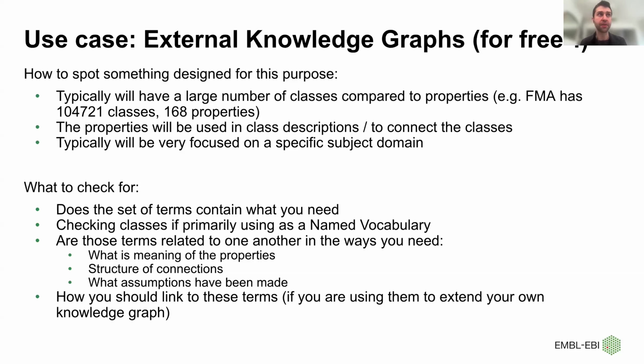As a note, a lot of the time, these statements often aren't shown on ontology browsing websites. You tend to see the class hierarchy and the property hierarchy, but to get the wealth of connections that exist in them and to browse that, you typically need to look at them using some kind of ontology tool like Protege, or if you're willing to subject yourself to that, look at the actual OWL file and read that as quite raw data.